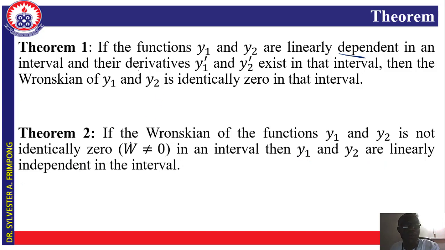That is, if you compute the Wronskian and you don't get 0, then the two functions or three functions or whatever number of functions you compute, they are all linearly independent. Now, I want you to take note of something. The fact that the Wronskian is 0 does not mean that the functions are linearly dependent, because you can also have an inconsistent system and their Wronskian will be 0.